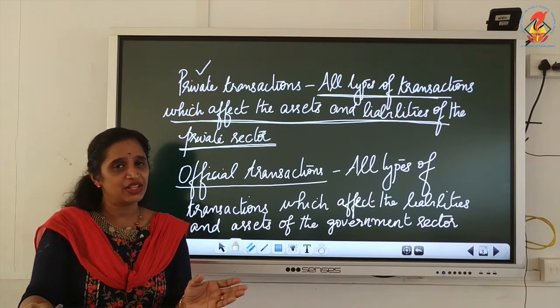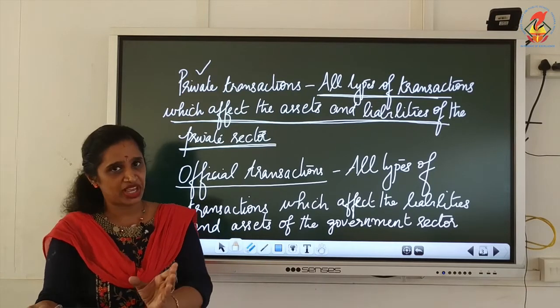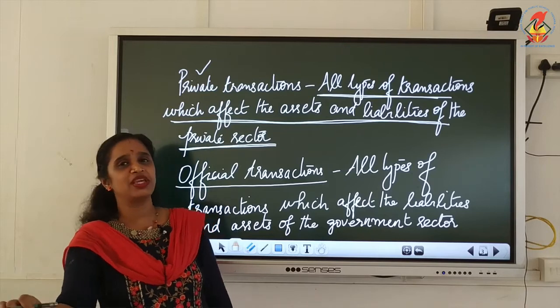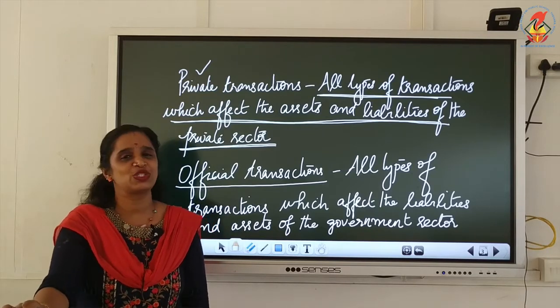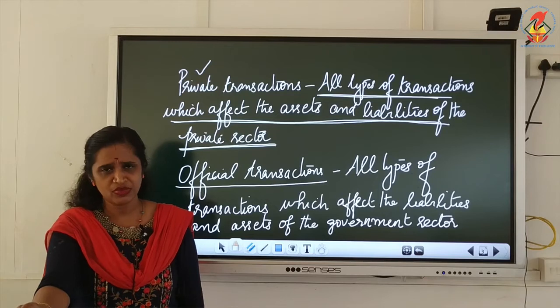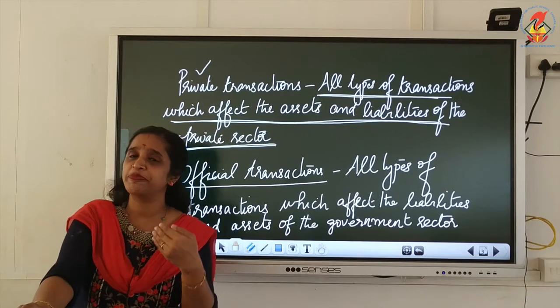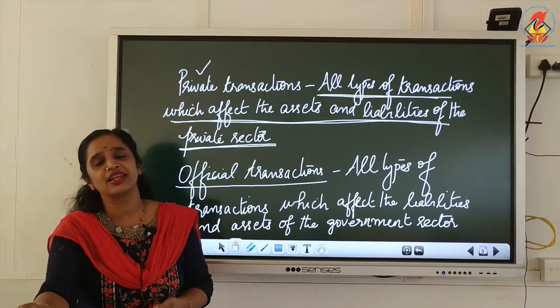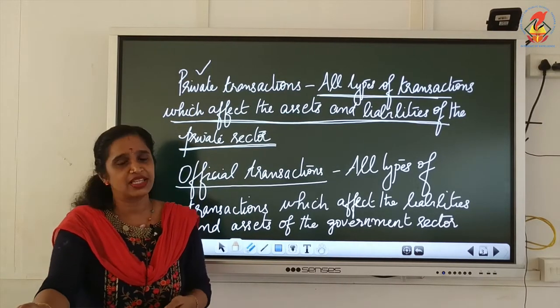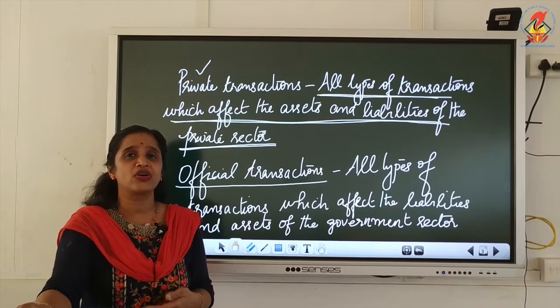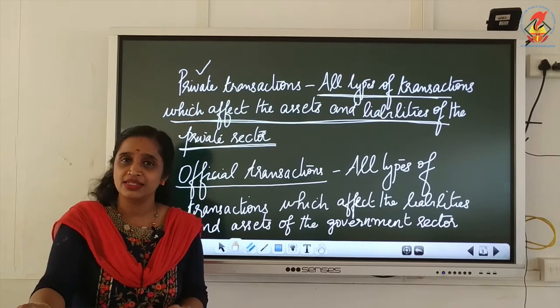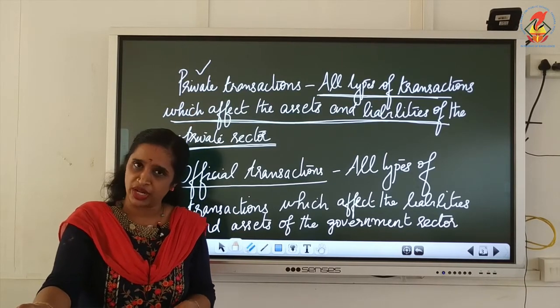So, here you can see with this transaction, the private sector is experiencing both assets as well as liabilities. When they accept the loan, it is an asset for them. But when they have to repay the loan with an interest, it is a liability for them.